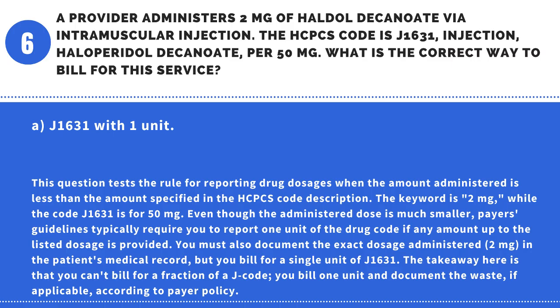Even though the administered dose is much smaller, payers' guidelines typically require you to report 1 unit of the drug code if any amount up to the listed dosage is provided. You must also document the exact dosage administered, 2 mg, in the patient's medical record, but you bill for a single unit of J1631. The takeaway here is that you can't bill for a fraction of a J code, you bill 1 unit and document the waste, if applicable, according to payer policy.